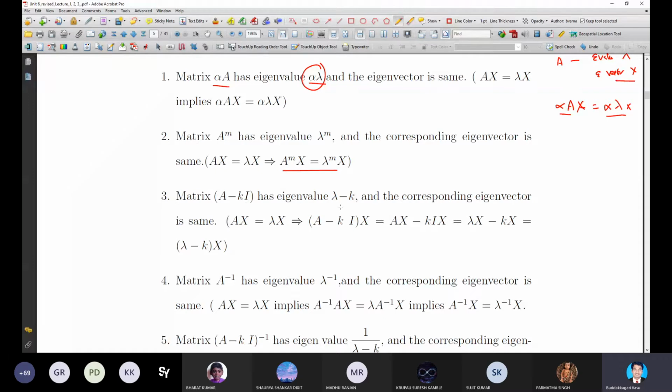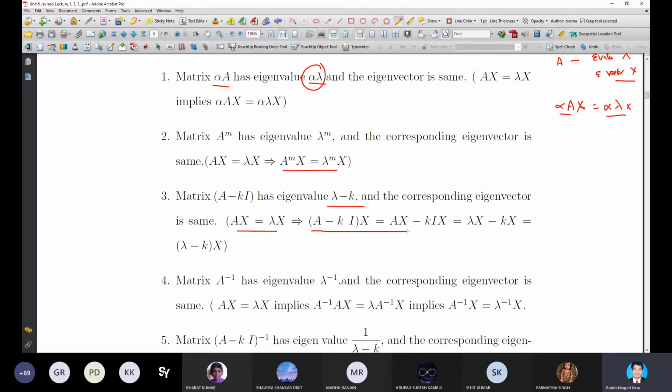The basic definition is Ax is equal to lambda x. Now checking the eigenvector and eigenvalue of A minus kI, it needs to satisfy the condition (A minus kI) x is equal to (lambda minus k) x. We derive it here: Ax minus kx.